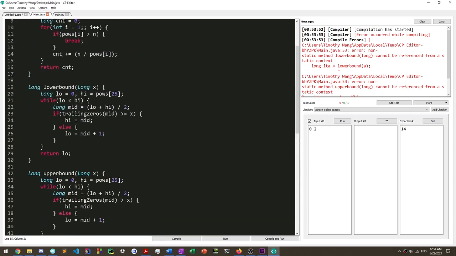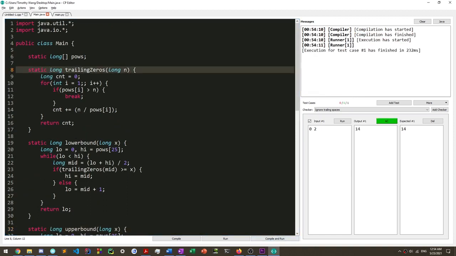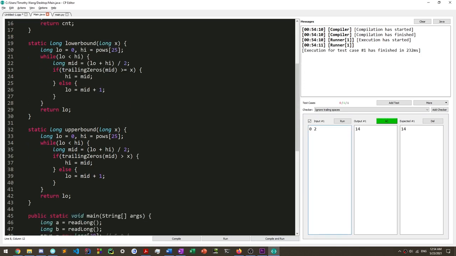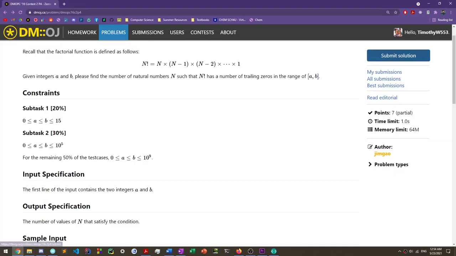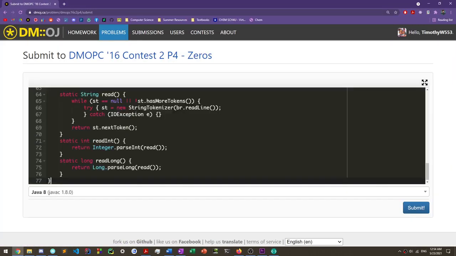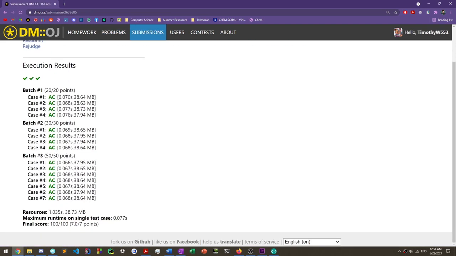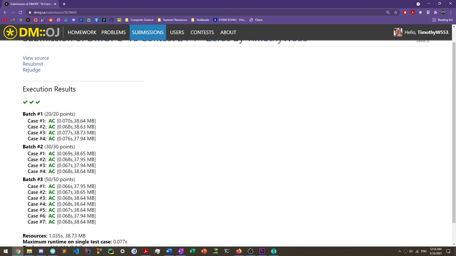Oh, that's right, we need to create these methods as static. And there we go. So we get correct for the sample input. So let's submit this in Java 8. And as you can see, we get all correct answers.